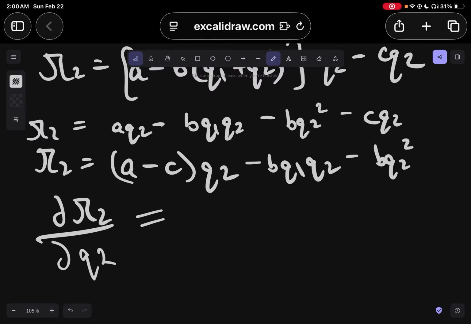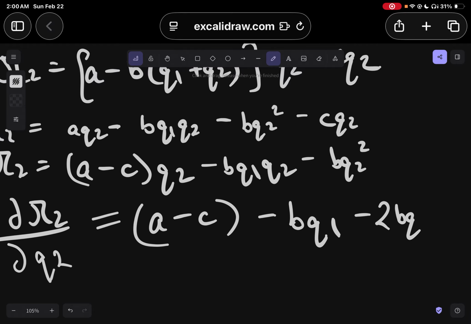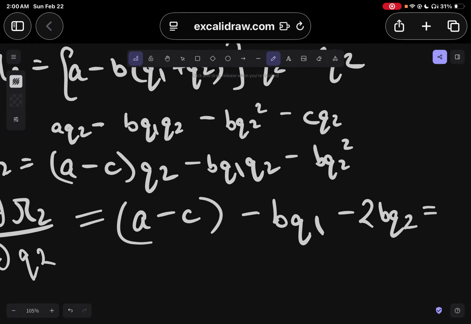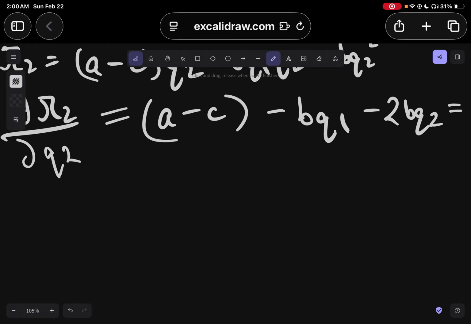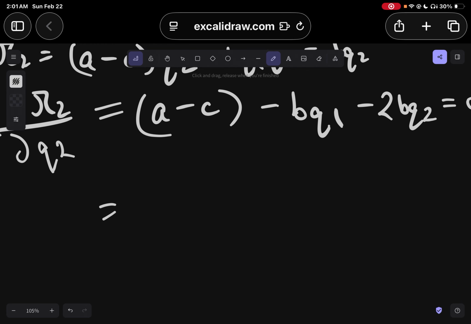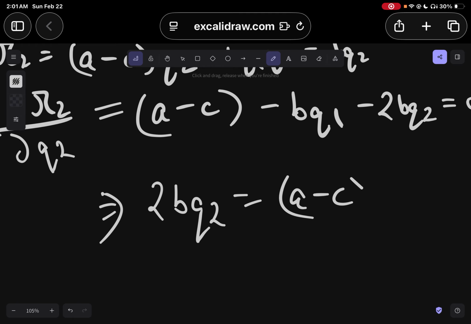So we differentiated with respect to Q2 the above equation, and we will get A minus C minus BQ1 minus 2BQ2 equals 0. Again, we want the term in form of Q2, so 2BQ2 is equal to A minus C minus BQ1.